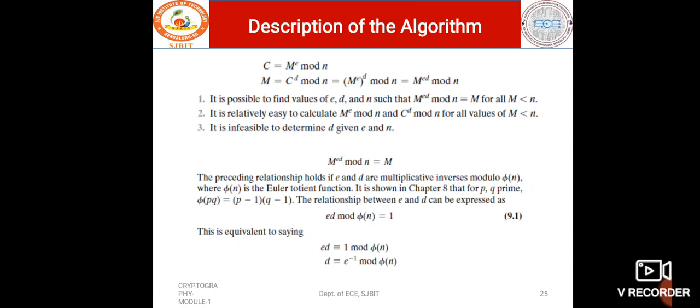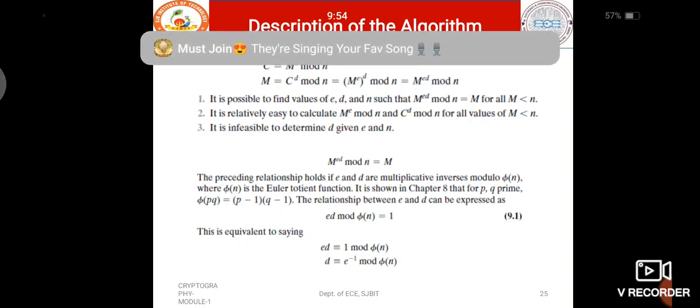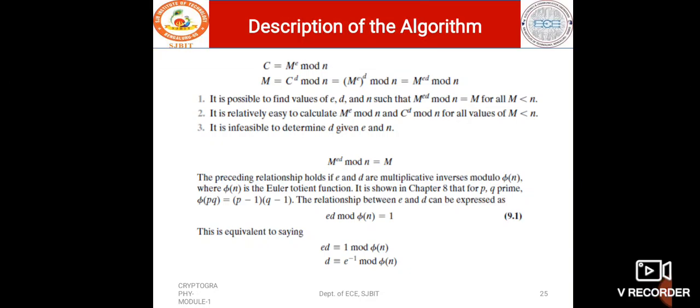That is, the block size must be less than or equal to log to the base 2 of n plus 1. In practice, the block size is i bits, where n lies between 2 power i and 2 power i plus 1.